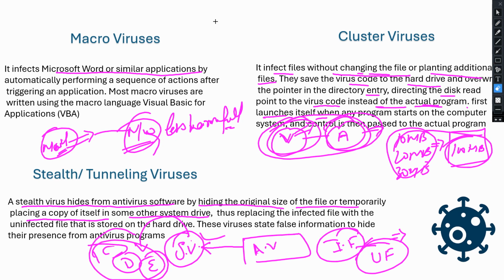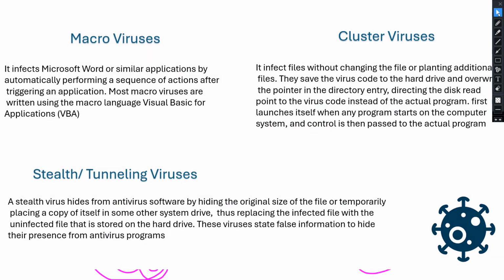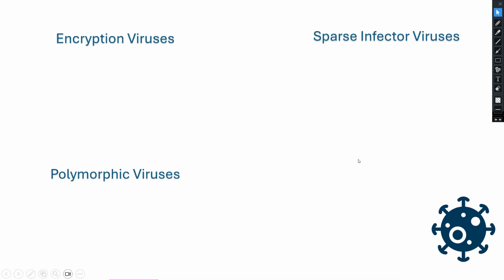Okay, so let me show you the next options. Okay, next we have another option: the encryption viruses, sparse infector viruses, and polymorphic viruses.